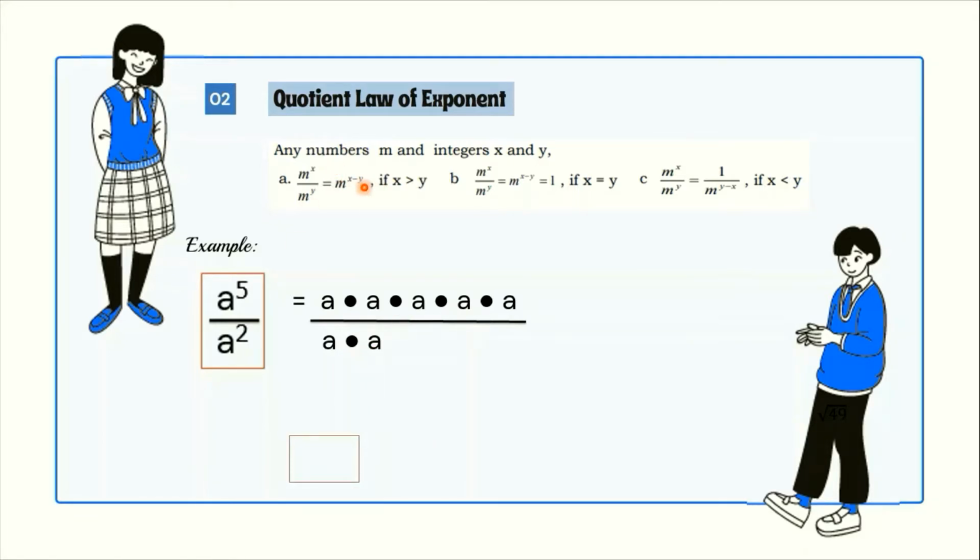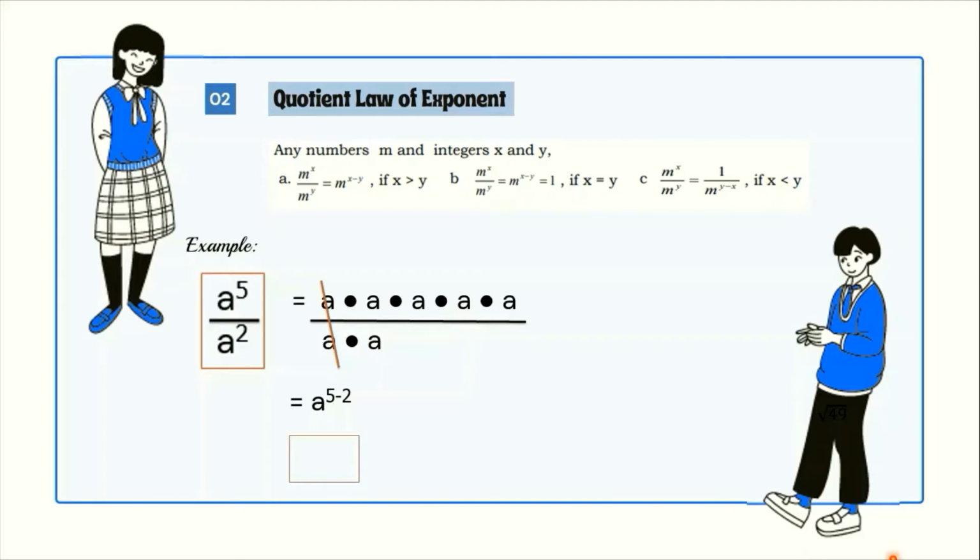According dito sa ating standard form, if x is greater than y, ibig sabihin yung exponent ng ating numerator, which is 5, is greater than the exponent of our denominator, which is 2. So, since mas malaki yung 5 kay 2, ito ay under ng scenario A. Ito ay magiging a raised to the power of 5 minus 2. So, we have to subtract them together.